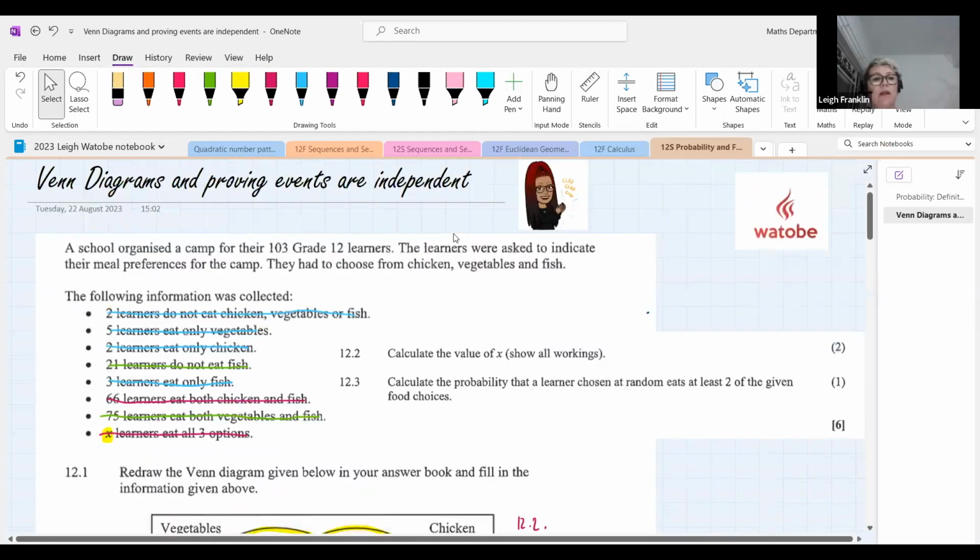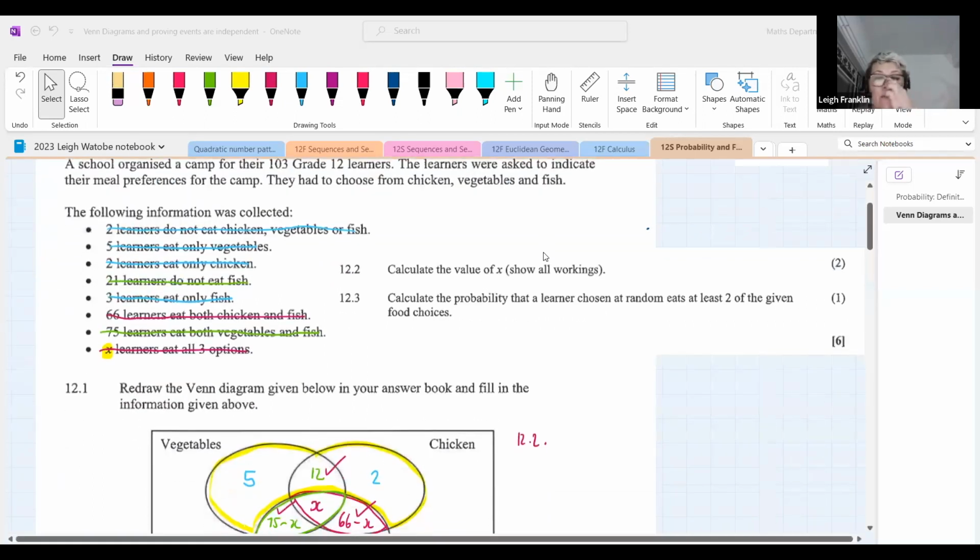How would we calculate the value of X now, guys? Okay, equate everything to 103, form an equation, add all the values and make it equal to 103. Perfect. Okay, lovely. Shoshana, perfect. Okay, so add everything together and make it equal to 103. Beautiful, Hendrina. Add all the variables and equal to 103.